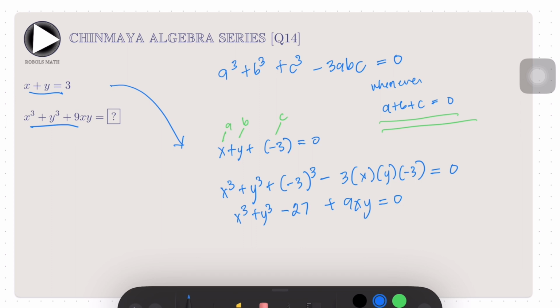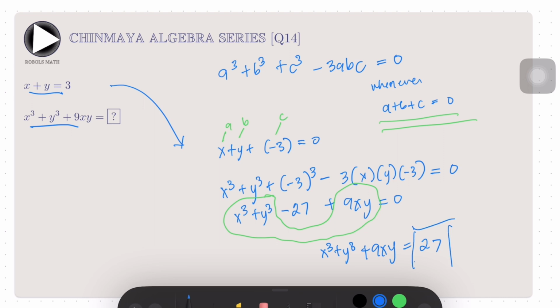Now this part here is actually what we want. So we just isolate that to get x cubed plus y cubed plus 9xy is equal to 27. Therefore, the expression that we want is 27. And that's our final answer.